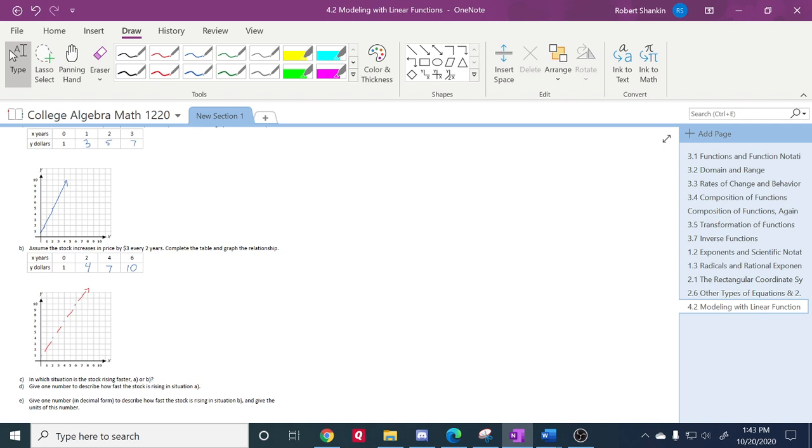Okay, and then go to your group chat and type in your answers for C, D, and E. But don't hit enter yet.